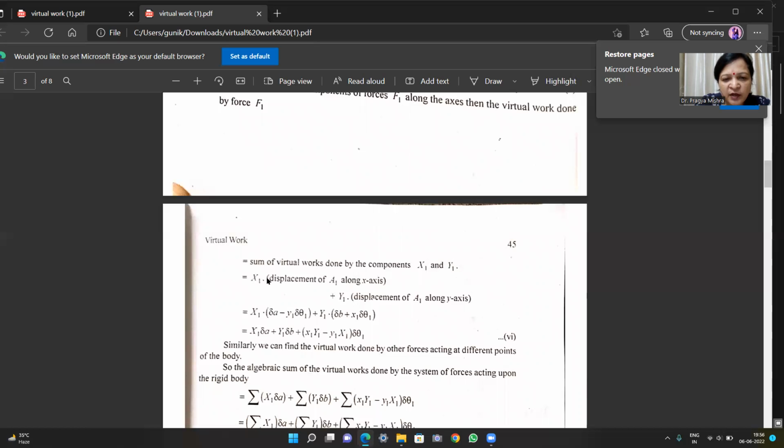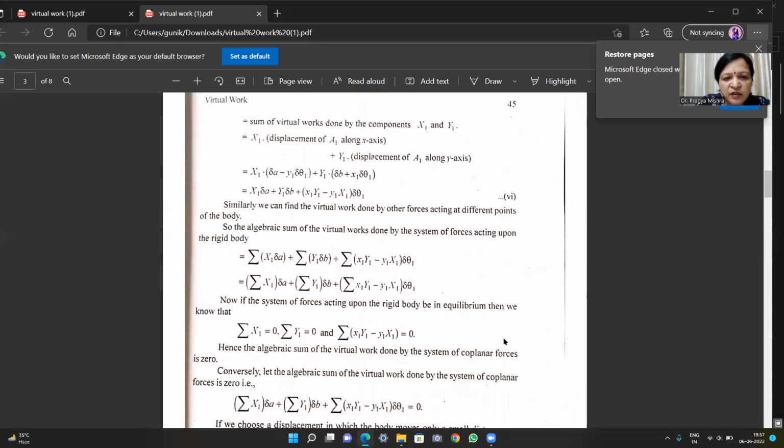So X1 multiplied by displacement of A1 along x-axis plus Y1 multiplied by displacement along y-axis. So putting the values, finally we get this equation number 6. Similarly, we can find the virtual work done by the other forces acting at different points of the body.